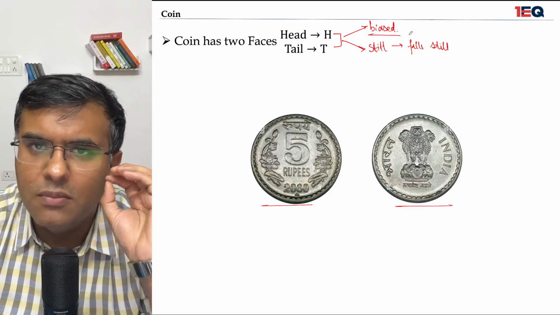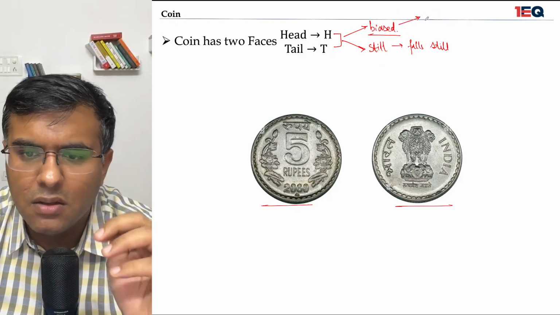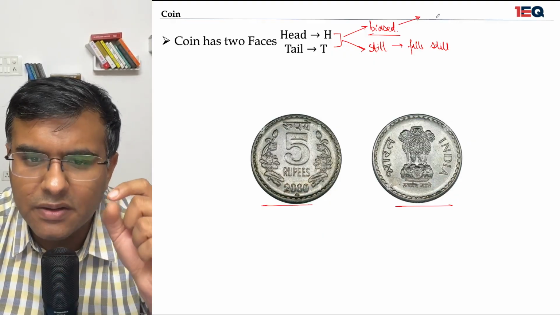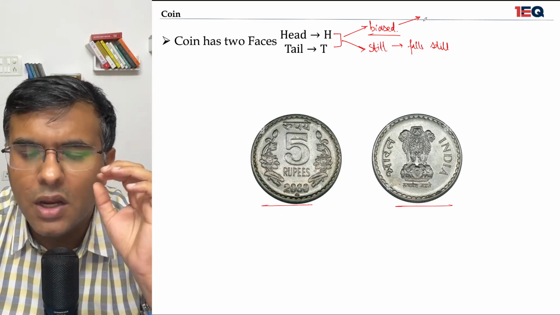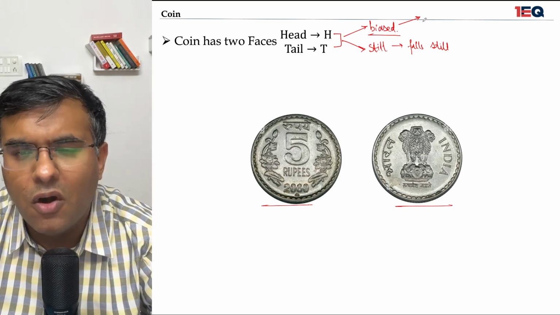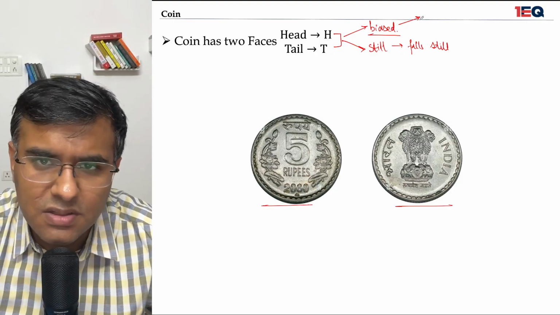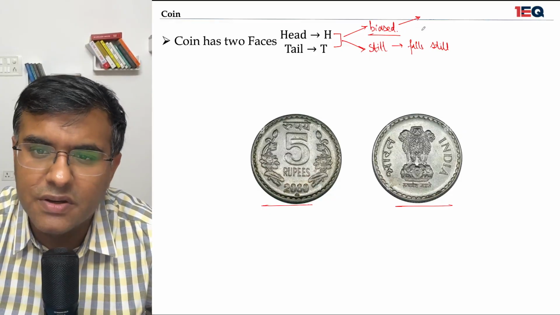When is my coin biased? Let's assume that the weight of the coin has been calibrated in such a manner that most of the times when it is flipped it would give me an output of heads. So the coin has been biased towards heads, so we would not take that into consideration.